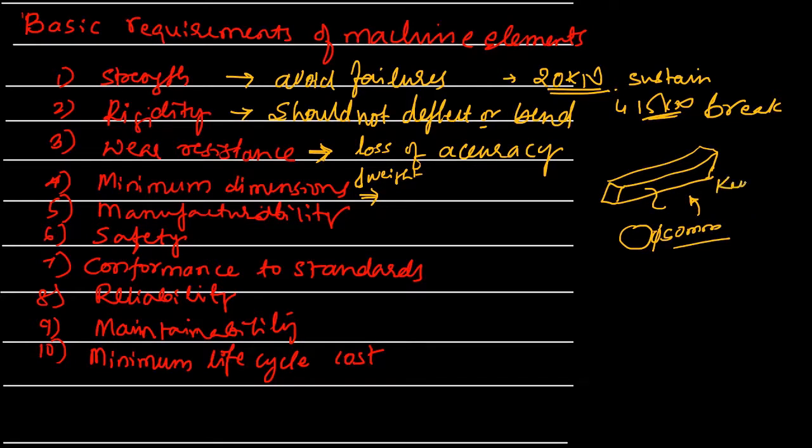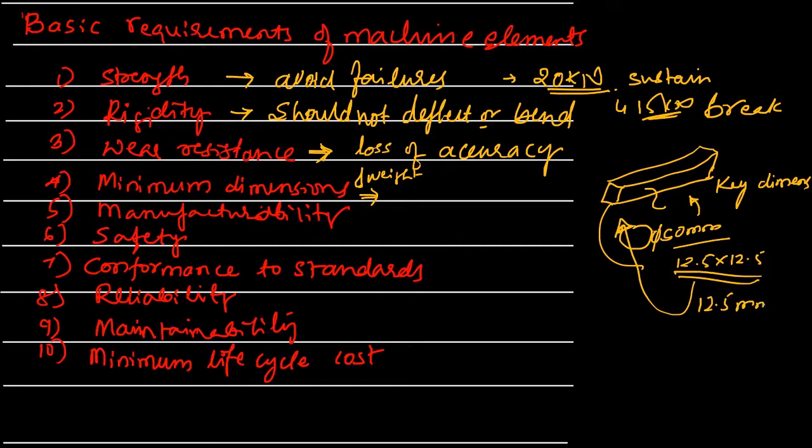If you consider the standard relations for a square key, the maximum size provided for 50 mm diameter is 12.5 mm by 12.5 mm. The dimension you select should not be more than 12.5 mm.